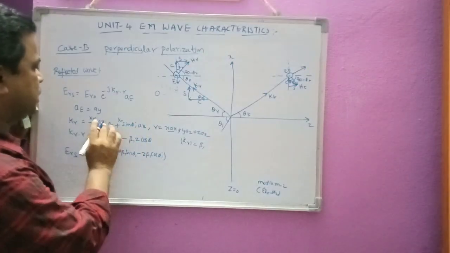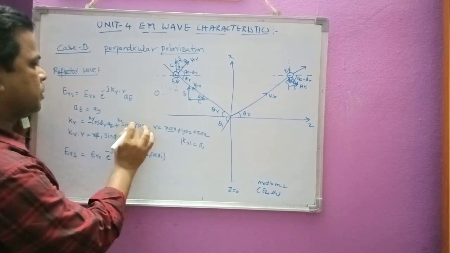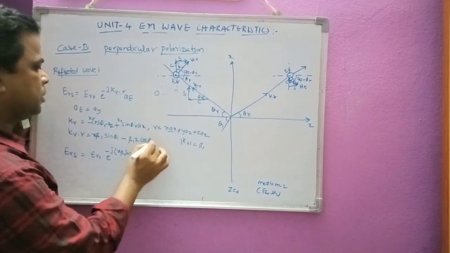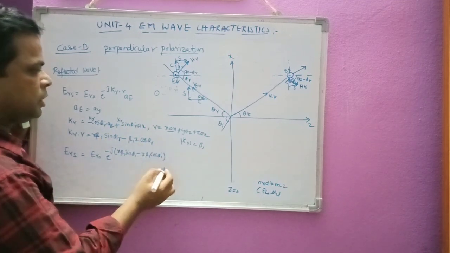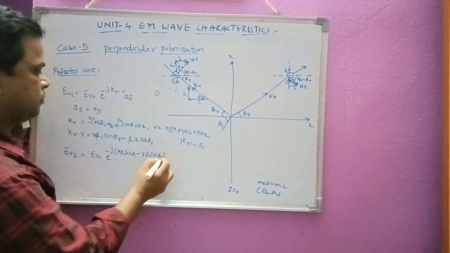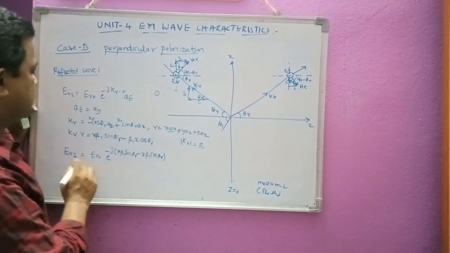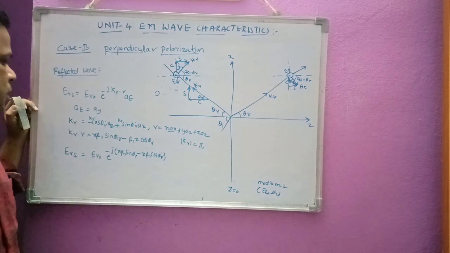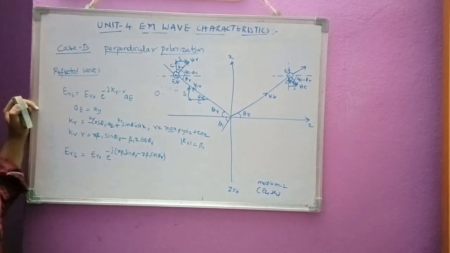I am substituting I here, sorry for that. R I have to write, because it is the reflected field here, theta r. Okay, see theta r here. Now we have got the final equation for the electric field.